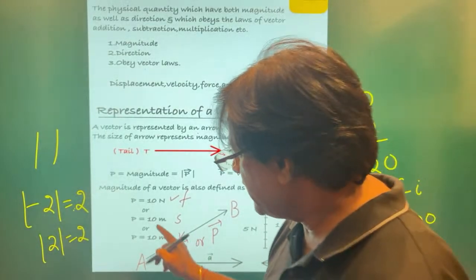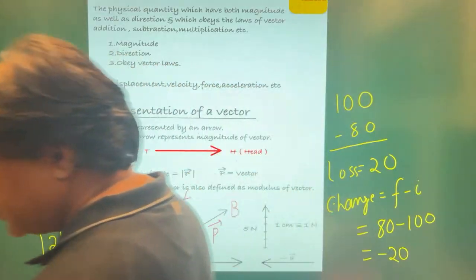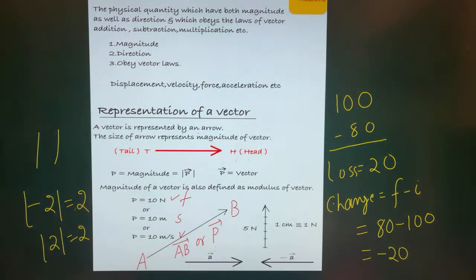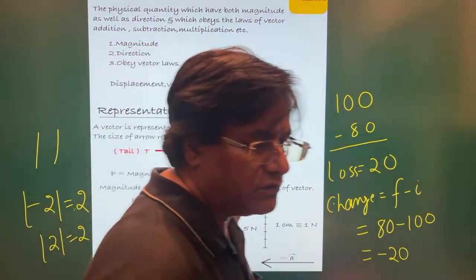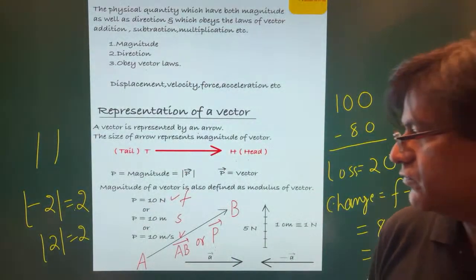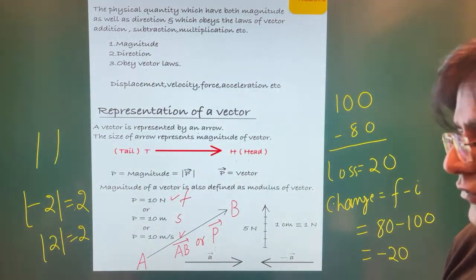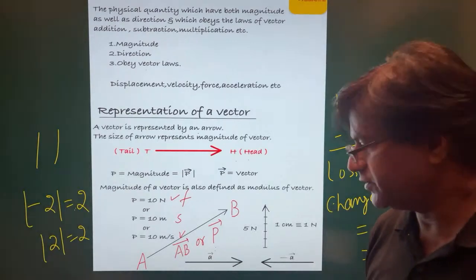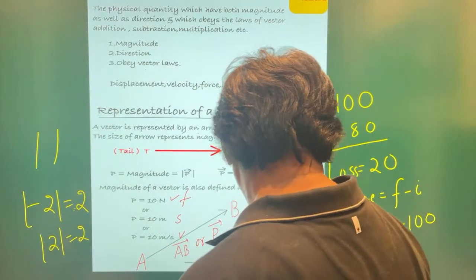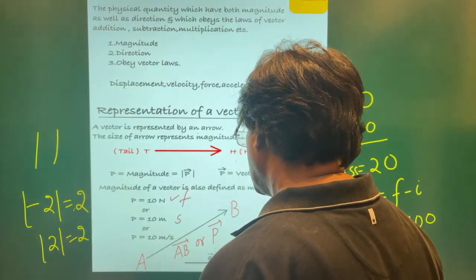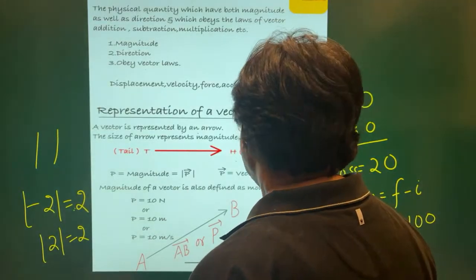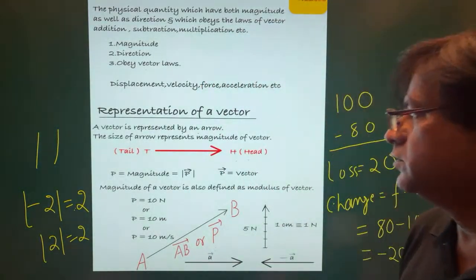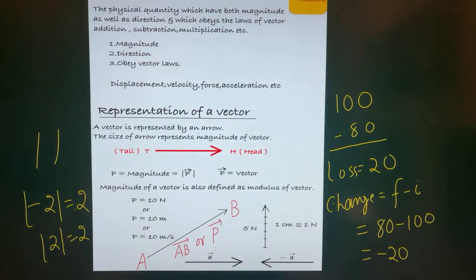So unit and numerical value: the numerical value tells us the size of the vector, and the unit tells us which quantity we are dealing with, right? Force, displacement, or velocity. So these are representations of a vector.